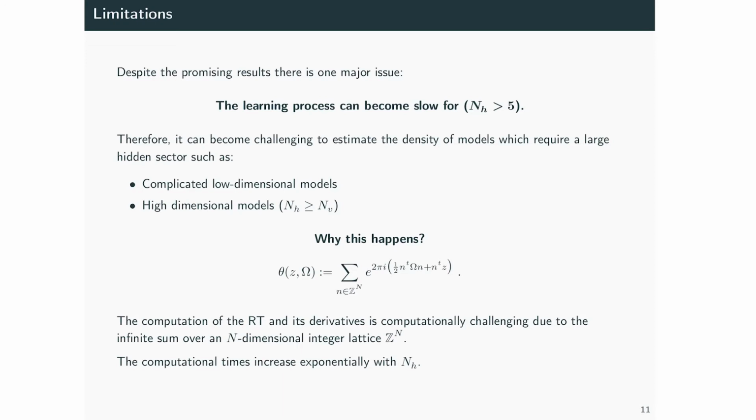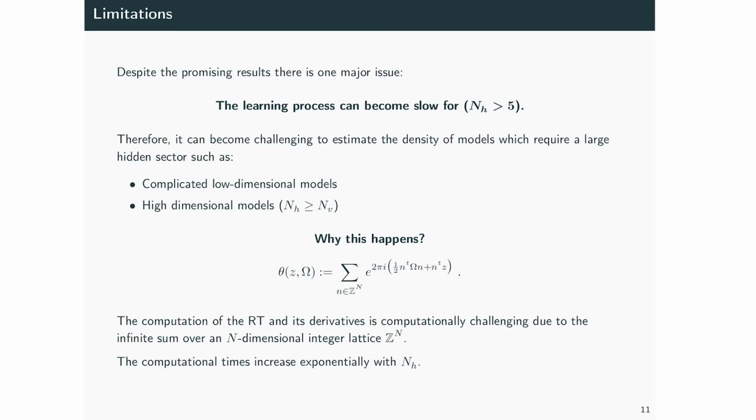Also, if we want to push this model to higher dimension, this will be pretty difficult, because we expect that in order to have a model which works quite well, the number of hidden nodes must be at least, if not higher than, the number of dimensions that we are trying to fit.